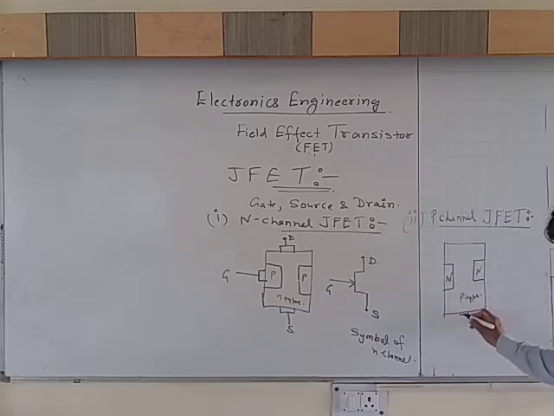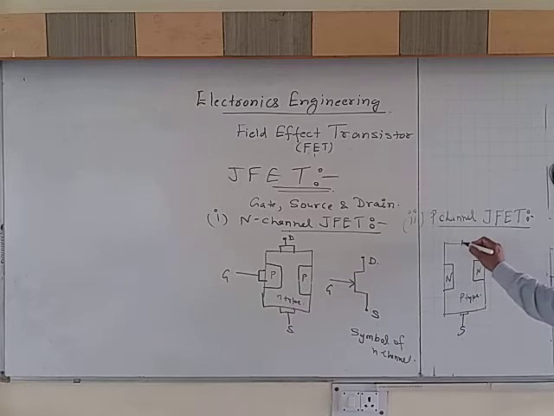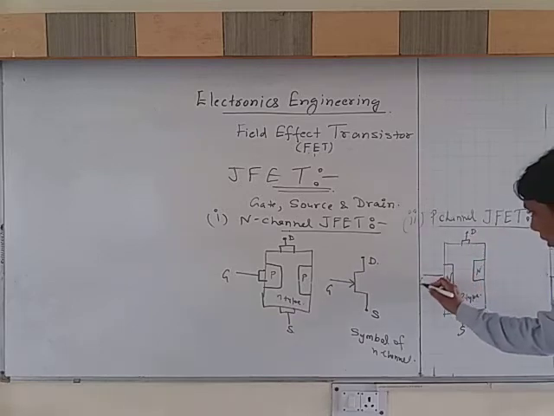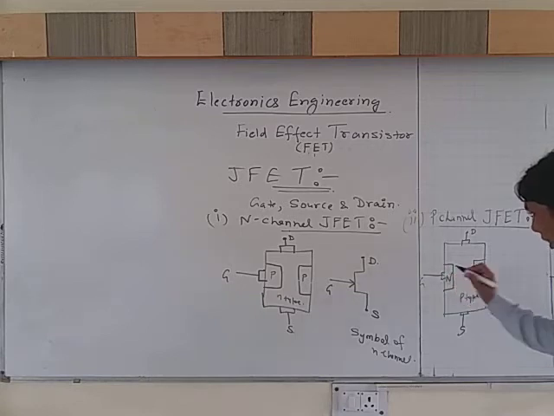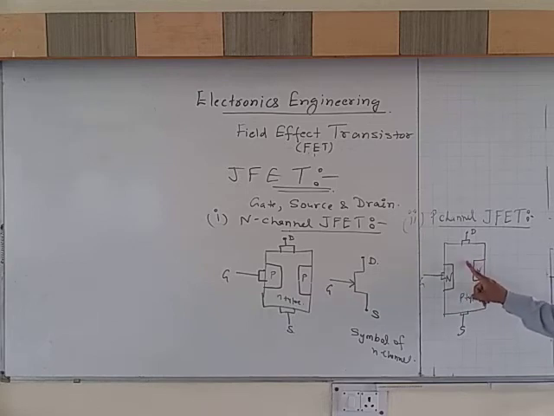This P type will work as source and this upper one will work as drain, and this will act as gate. This space is the channel. This channel is made of P type semiconductor, hence this JFET is called P channel JFET.